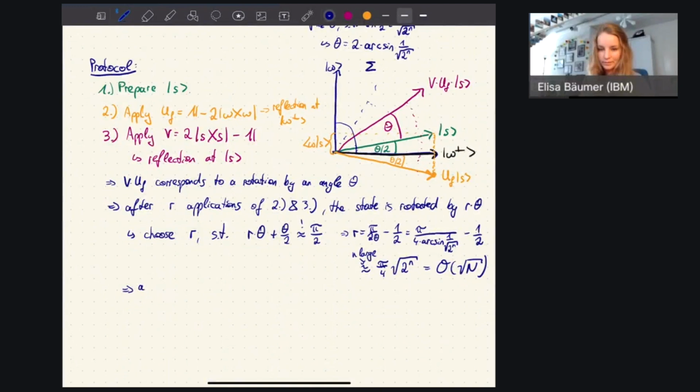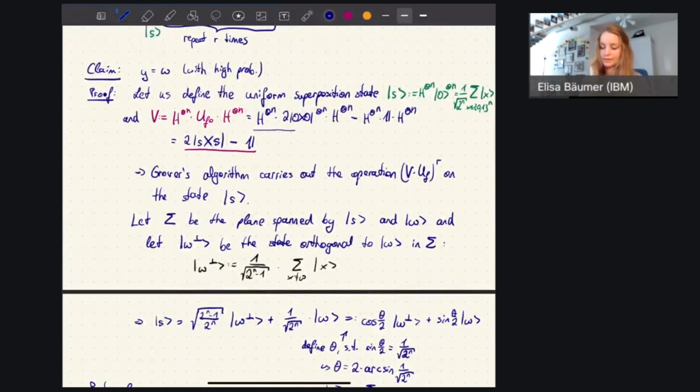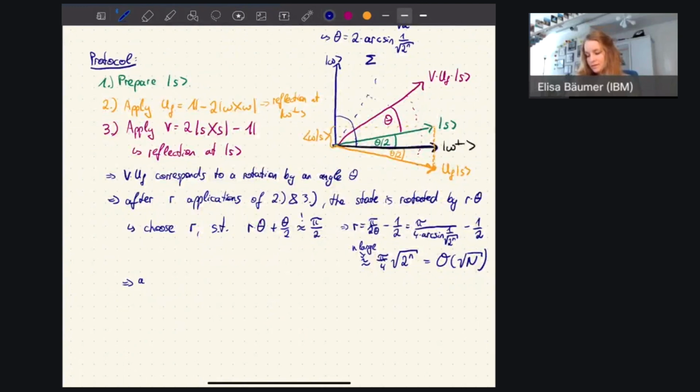However, now I told you that the claim was actually that we reach W with high probability. Now the question is, how high is the probability, at least? Because the problem, as you can tell, is that, well, this R, we cannot solve it exactly, or usually the R has to be an integer, but in general, if I look at this formula, pi over 2 theta, that will in general not give me an integer.